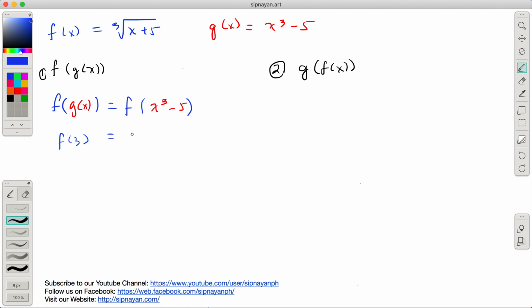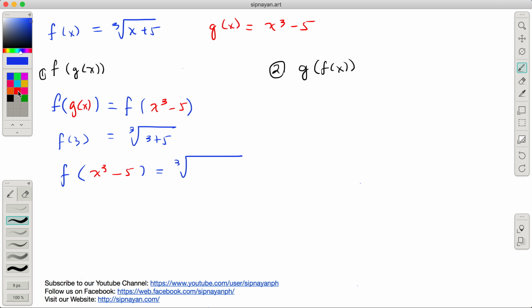So, magiging cube root of 3 plus 5, no? In the same way, pag tayo ay nag-f of x cubed minus 5, substitute din natin yan dito sa cube root ng x. Papalitan natin siya ng x cubed minus 5.